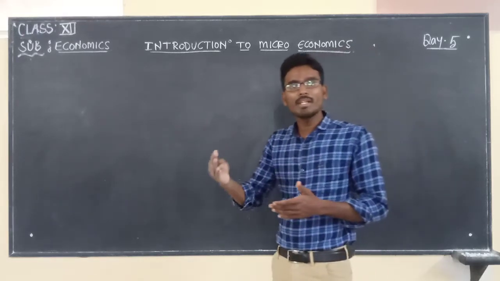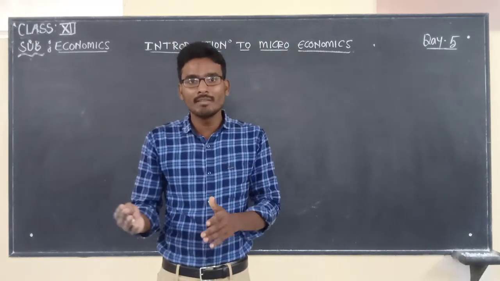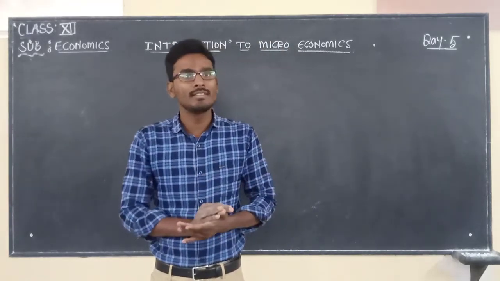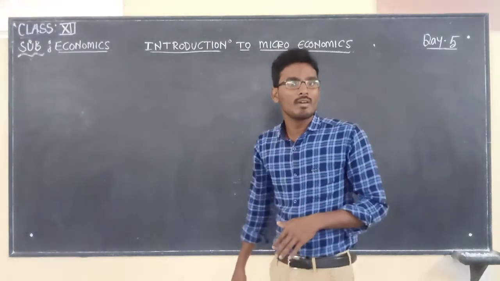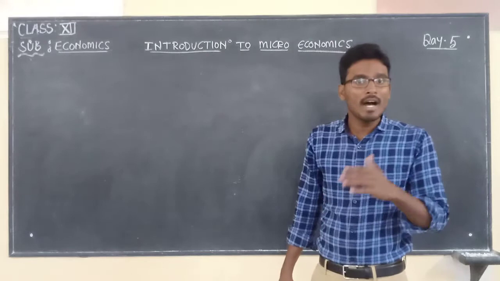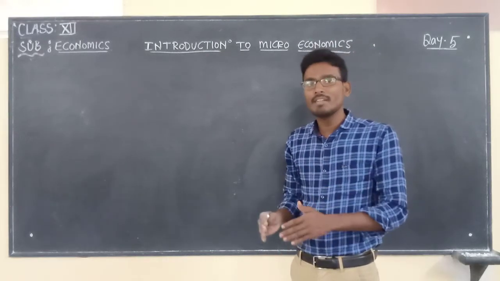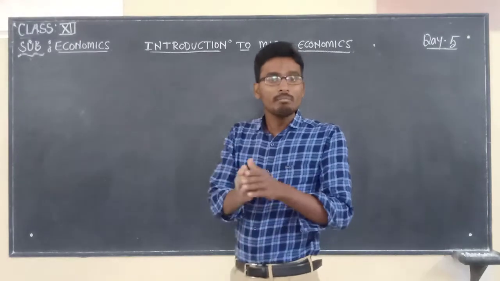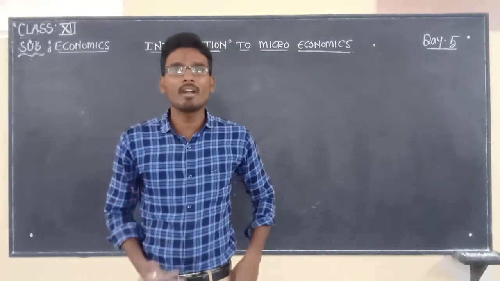Economic activities are organized either by private, that is capitalistic economy, or by government, that is known as socialistic economy or centrally planned economy, or by both private and government, that is known as mixed economy.